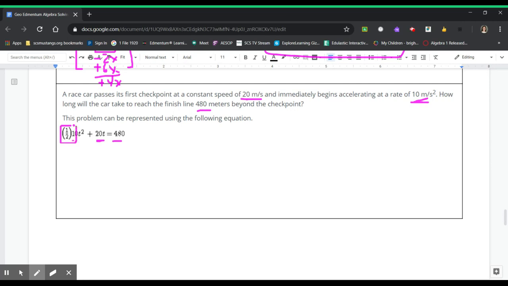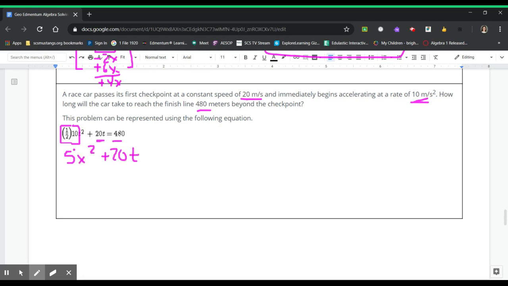And I'm only multiplying it to the 10 and not the 20 or anything else because the whole thing is not in parentheses. They would have done that if they wanted the whole thing to be multiplied by the 1/2, but they didn't. They just did 1/2 times 10. So if I simplify, 1/2 times 10 will give us 5t squared plus 20t.